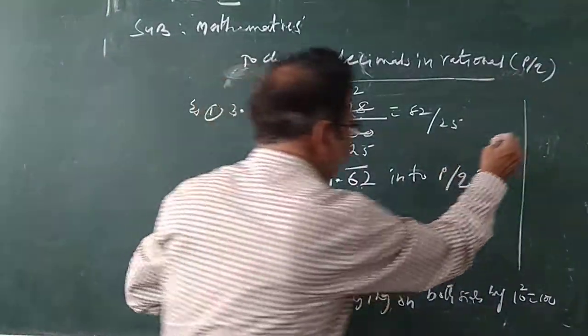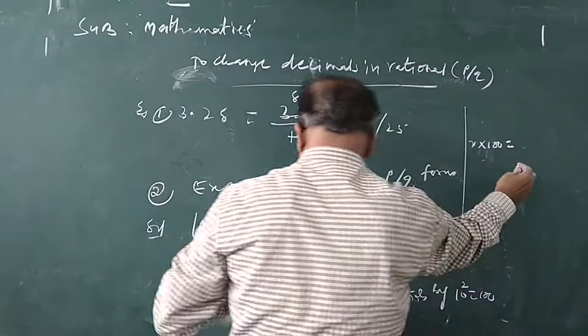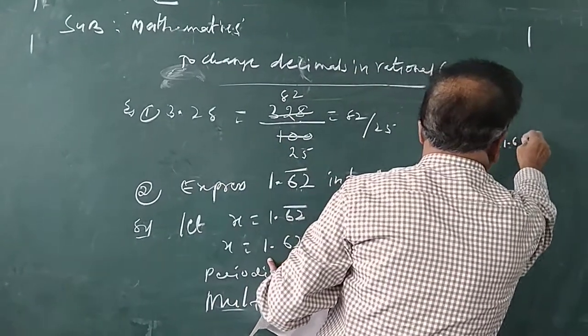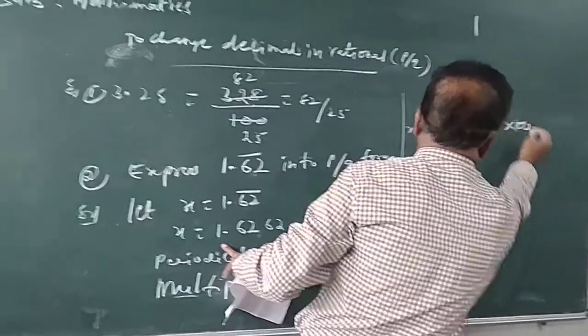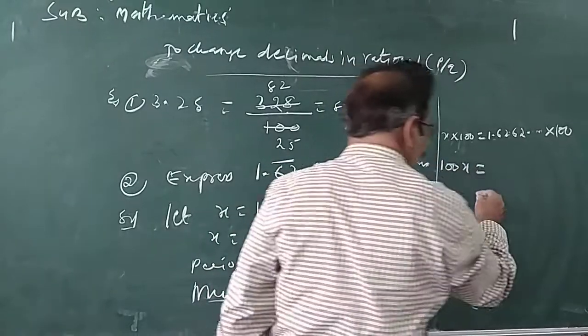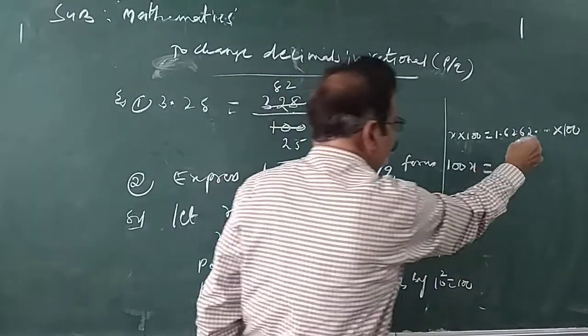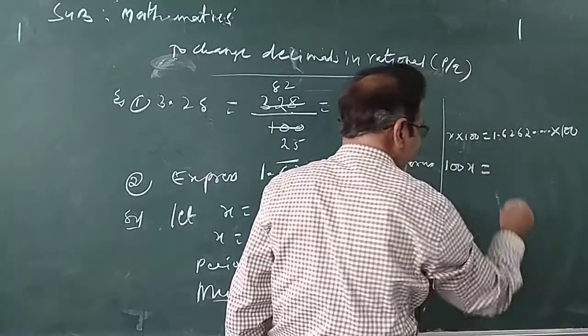LHS is x, x multiplied by 100, that is 100x. RHS is 1.626262 and so on, multiplied by 100.